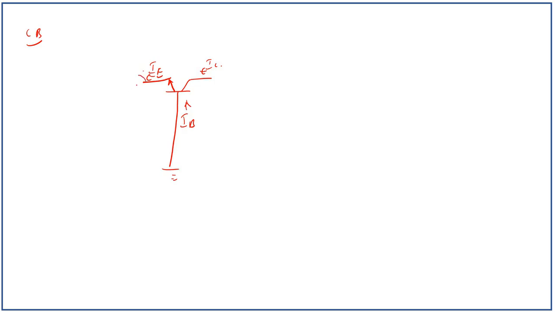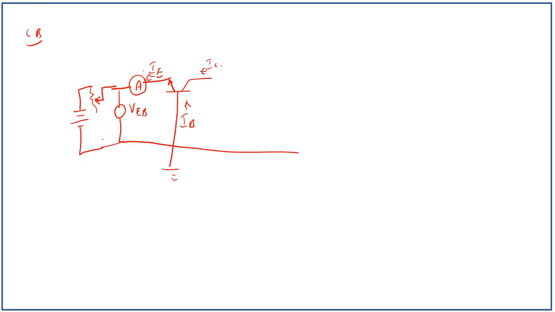Here we have an ammeter to measure the emitter current IE, a voltmeter VEB because it's between base and emitter, and the biasing supply on the emitter side is VEE.